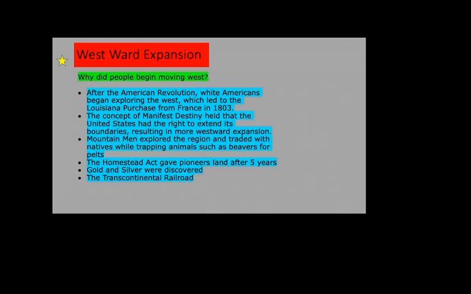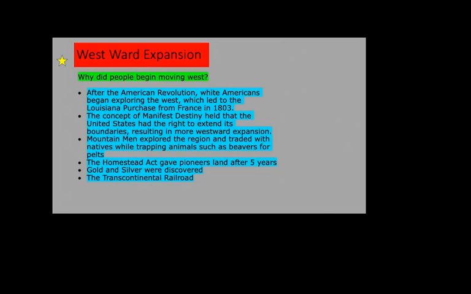Okay, after the American Revolution, white Americans began exploring the West, which led to the Louisiana Purchase from France in 1803. There was also the concept of manifest destiny that held that the United States had the right to extend its boundaries, resulting in more westward expansion.